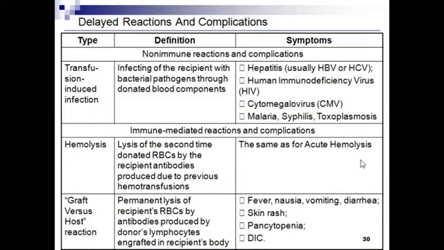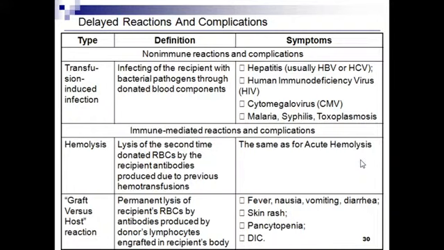And immune-mediated reactions and complications, delayed variant: post-transfusion hemolysis. This is lysis of erythrocytes, donated a second time, by the recipient's antibodies produced due to previous hemotransfusions. If a patient has repeated hemotransfusions, during the first transfusion he can be immunized against donor erythrocytes, and the immune system of the recipient can produce antibodies to erythrocytes.